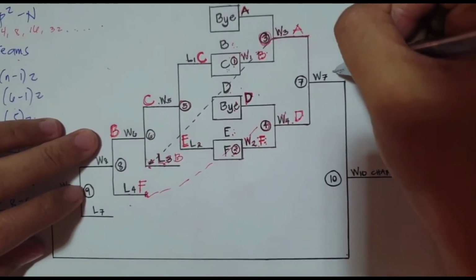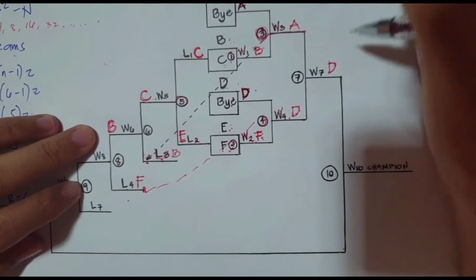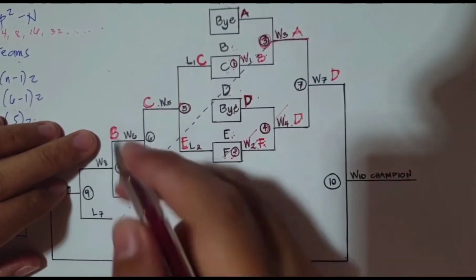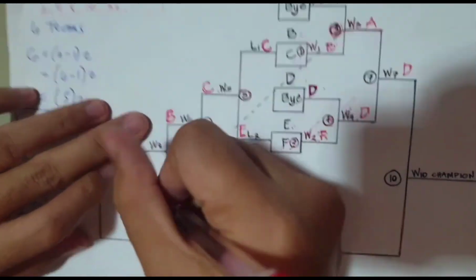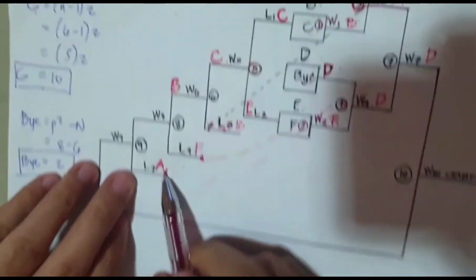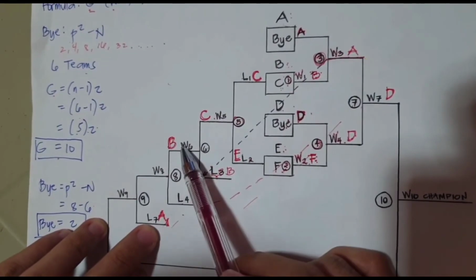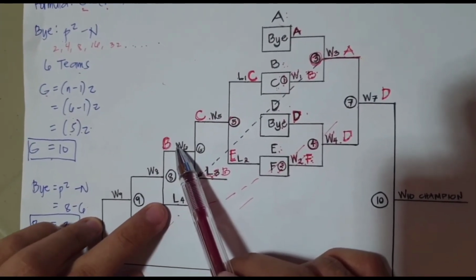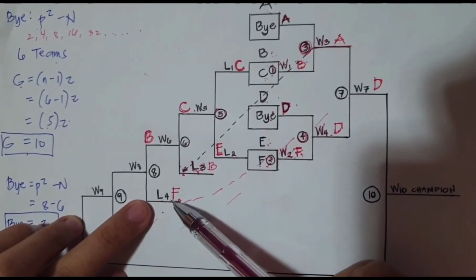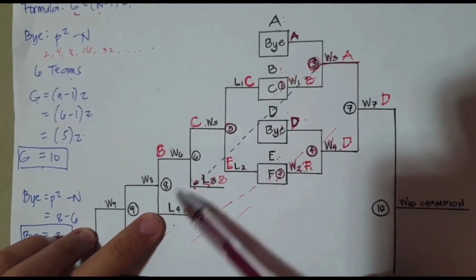Let's say in game number 7, the winner is letter D. So we bring Team A down here. Since Team B has already rested, B will play. Its opponent is Team F, which is loser 4. So, B versus F for game number 8.